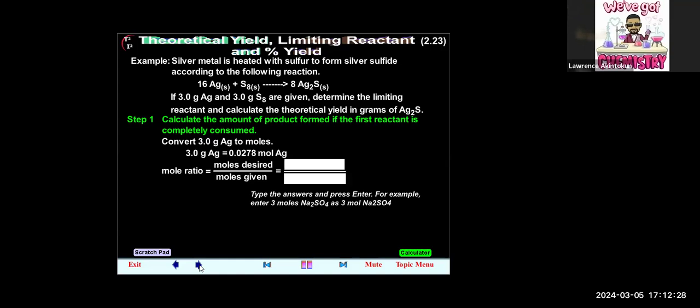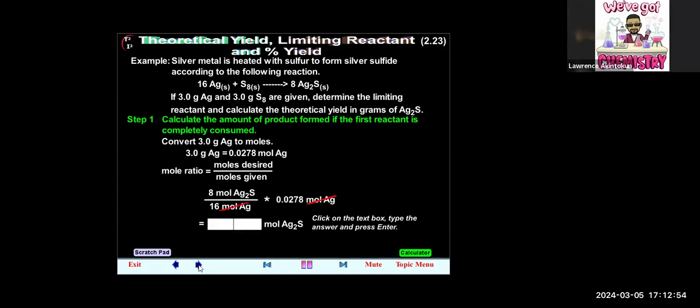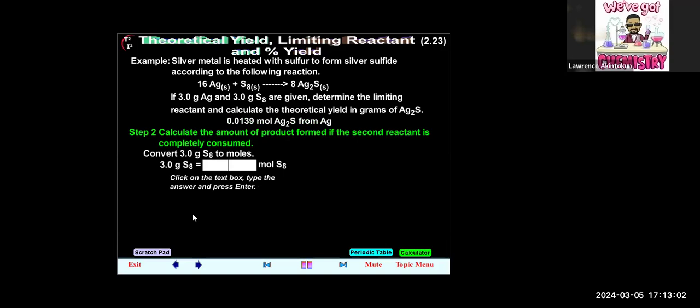The mole ratio is the moles desired of the product over the moles given. Remember, you are using the silver, which is the first reactant here. That's 8/16 times the moles, which is 0.0278. So the final answer here is 0.139.